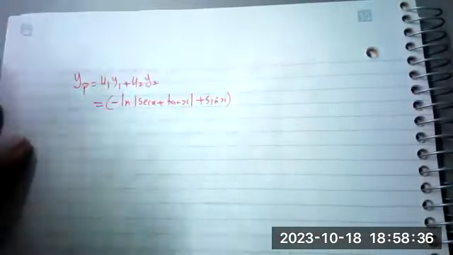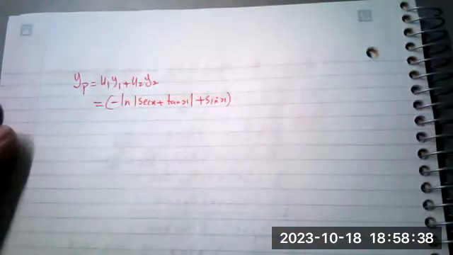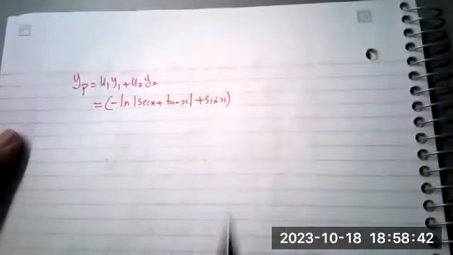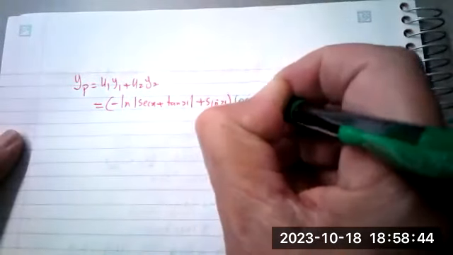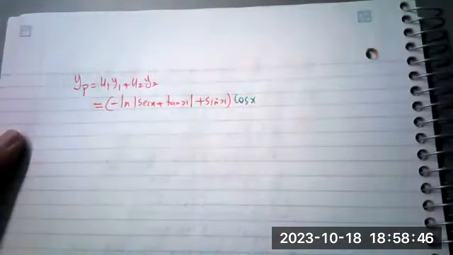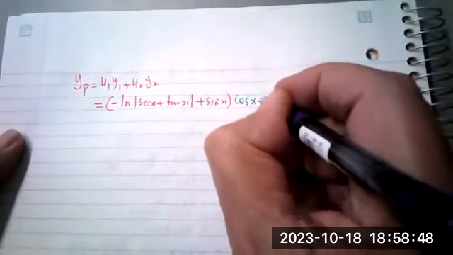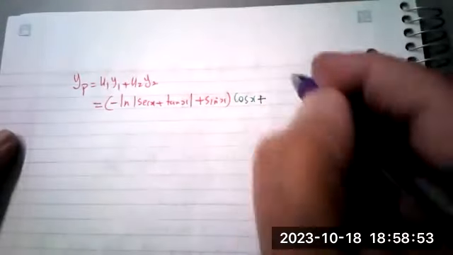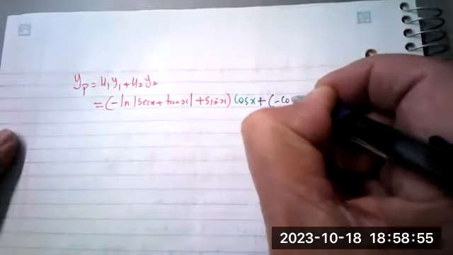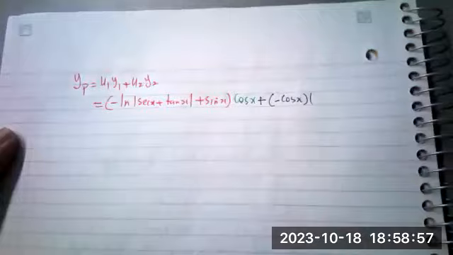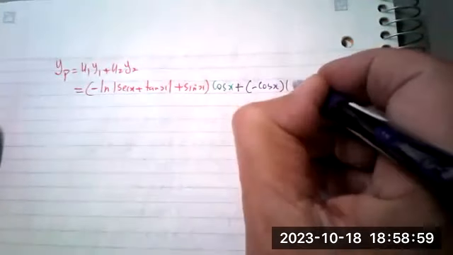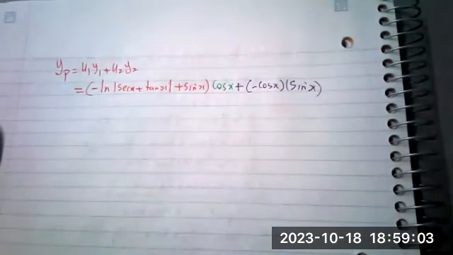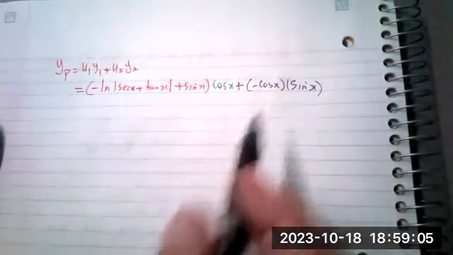It's multiplied by y1. y1 was cosine, yes? So that gives you cosine x. Now plus u2. u2 is negative cosine x times y2, which is sine x. To multiply, then the sine cosine will cancel out.